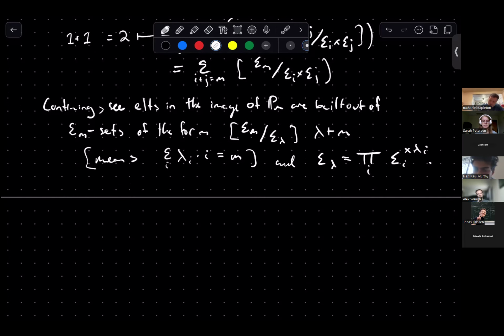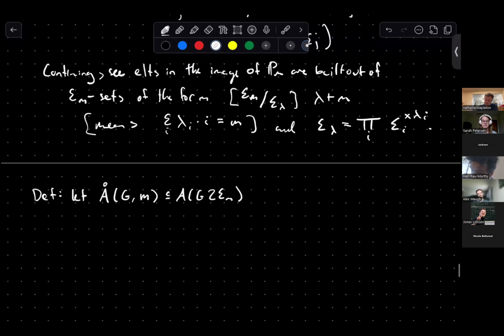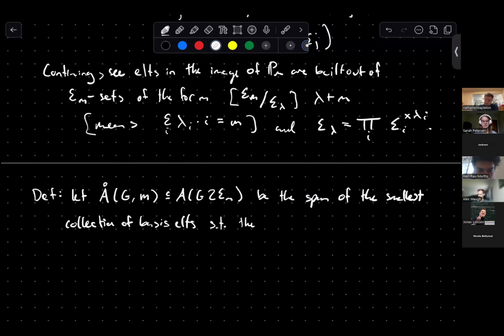So this suggests the following definition. Let the angstrom of G comma M, contained in A of G wr sigma M, be the span of the smallest collection of basis elements in the canonical basis for the Burnside ring of G wr sigma M such that the span contains the image of P_M.